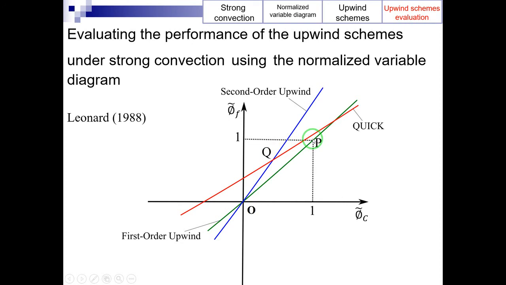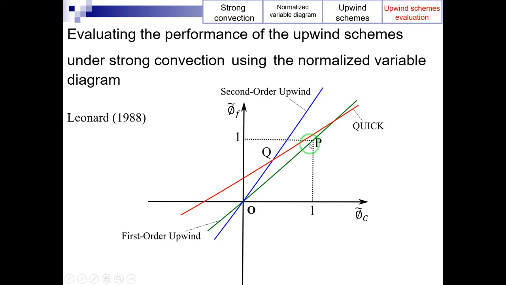This explains largely why it is necessary to apply limiters to the predicted phase values when we use the second order upwind scheme. Similarly, passing below the point P here gives artificially diffusive numerical results, so the schemes must pass through the point P as well.